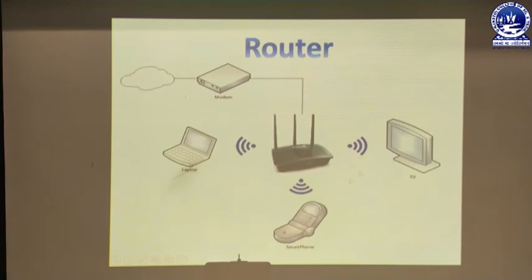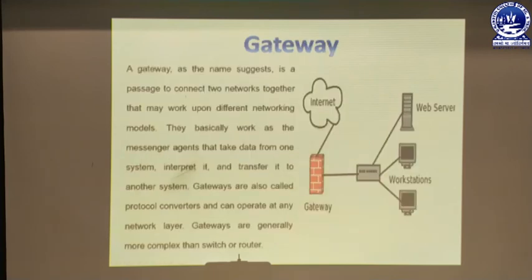It uses wireless connections, let's say Wi-Fi, to connect the TV, smartphone, laptop or any other devices that have Wi-Fi. So the router is a device which converts wired to wireless connections, and in this way the router is used at many locations where there is a need for a Wi-Fi campus or any wireless campus.